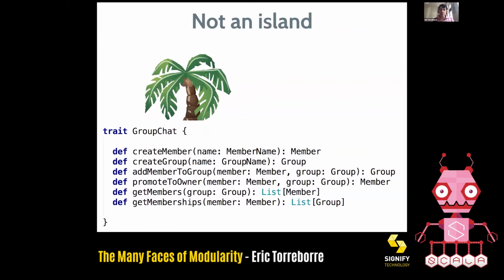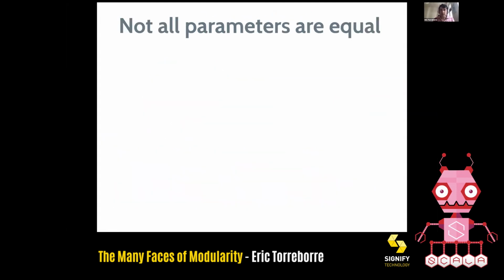I mean, you don't really know the effect of adding a new member to a group unless maybe you can list all the members of a group and stuff like this. So they are really intertwined together. They don't really live apart from each other. And this group of functions makes sense together as a module that needs to be maintained and to evolve separately from the rest of the software. But that's not the only thing.